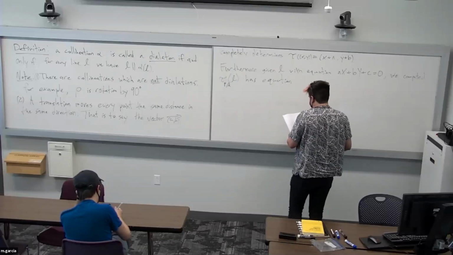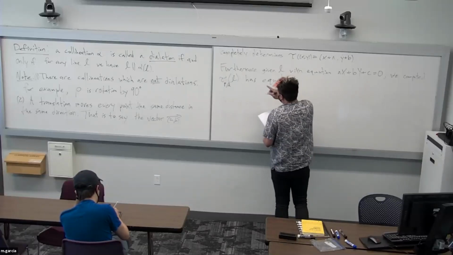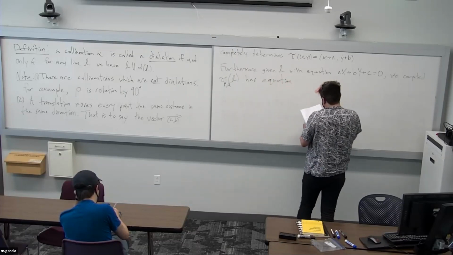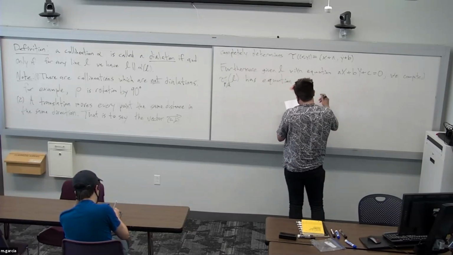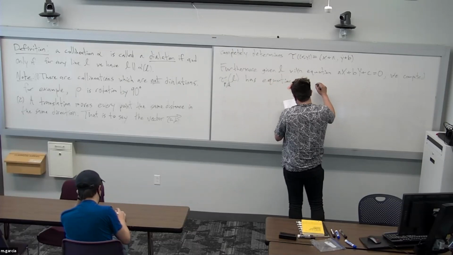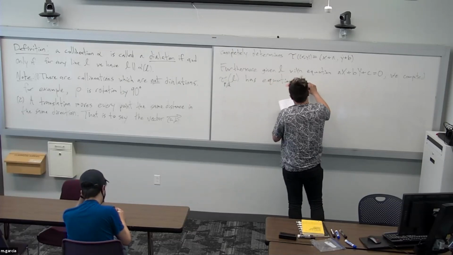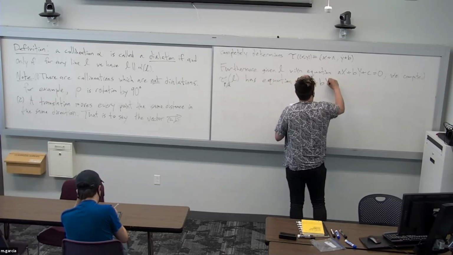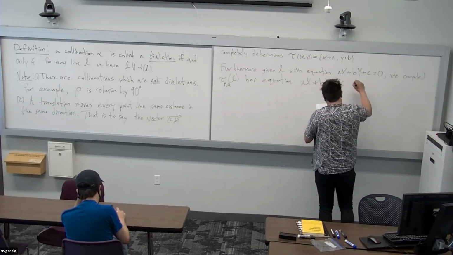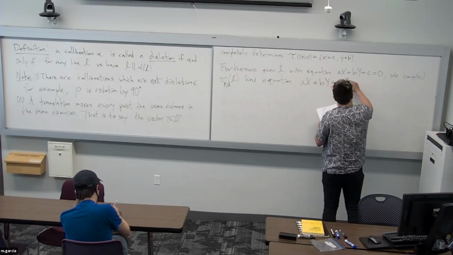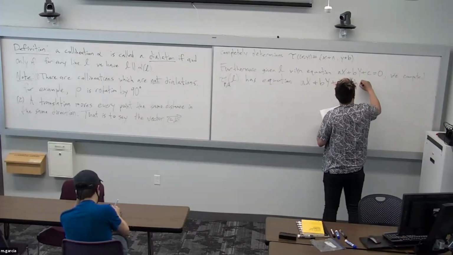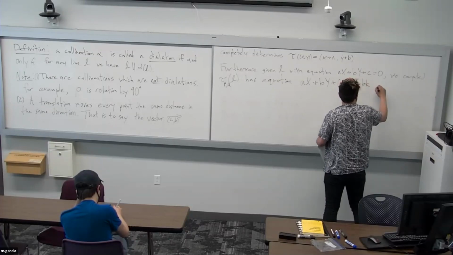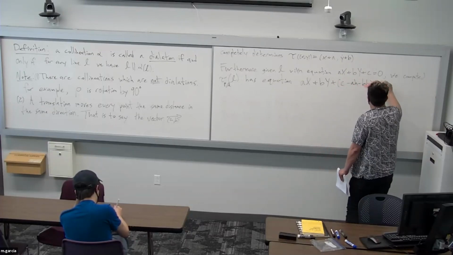Right, so we computed that the image of this line L has equation ax plus by plus c minus ah minus bk equal to 0.